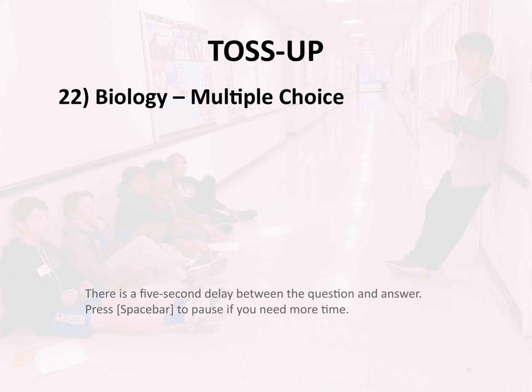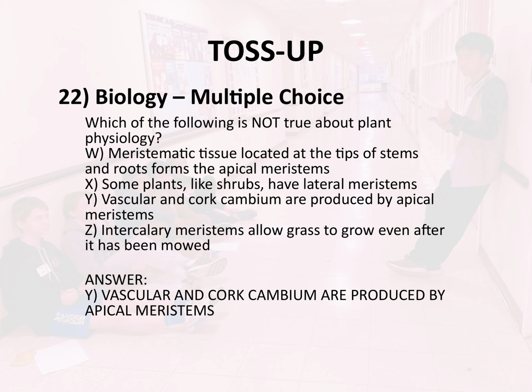Y. Vascular and cork cambium are produced by apical meristems. Z. Intercalary meristems allow grass to grow even after it has been mowed. Answer: Y. Vascular and cork cambium are produced by apical meristems.